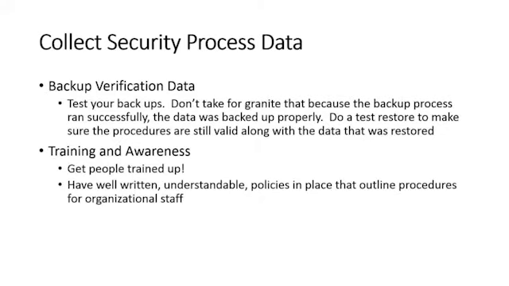How are we measuring those indicators? How are we getting there? Well, this is our key performance indicator here, but we're down here. Our metrics say we're climbing and we're almost there. So we're going to use metrics to measure success or failure, whichever way you want to look at it. And then backup verification data.